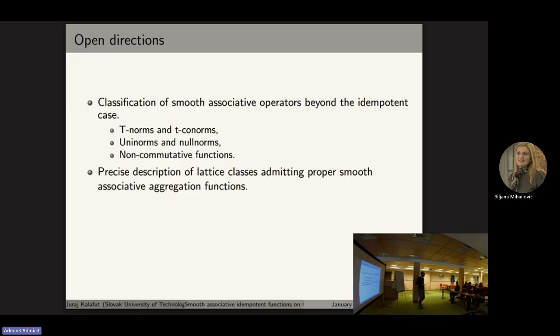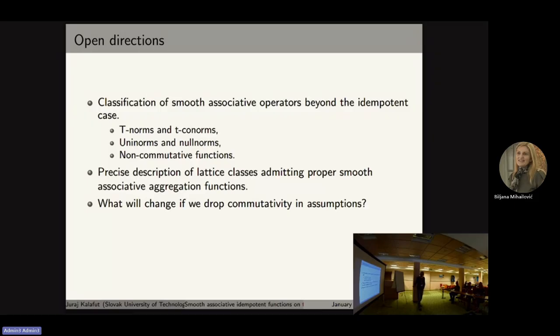We can also ask on which lattices we can study these smooth associative aggregation functions, because idempotency does not allow this study.